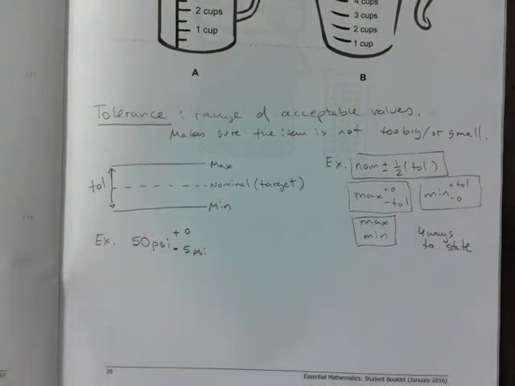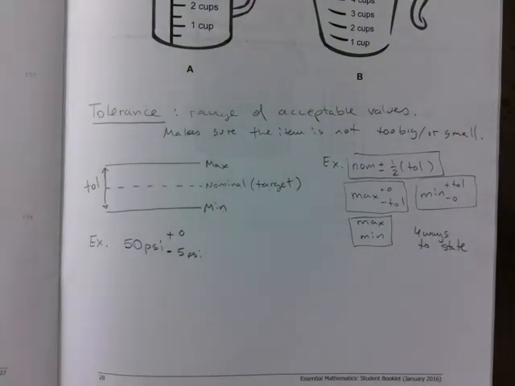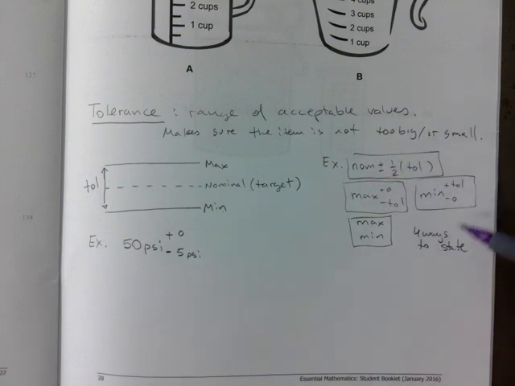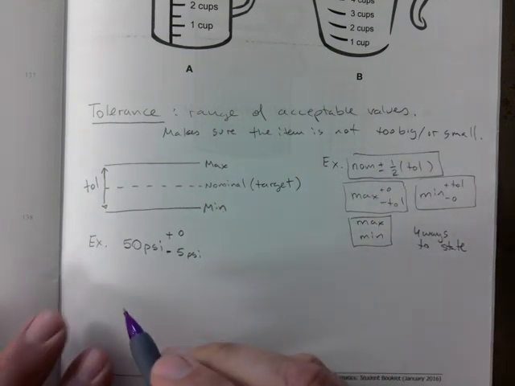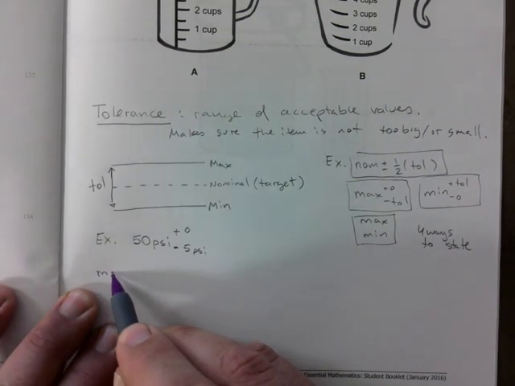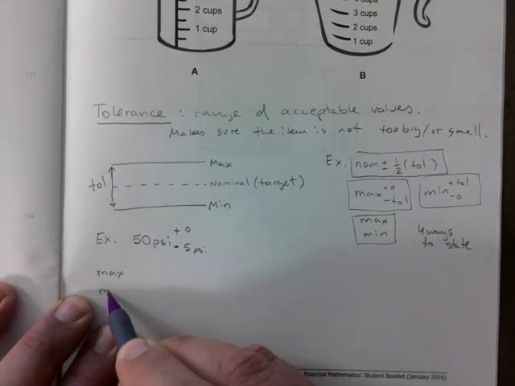If somebody says, hey, the tolerance of the amount of air in my tire is right there, you should look at it and be able to fill in 4 crucial pieces of information. They're actually all found right in here. And this is what you should be able to answer. What is the maximum and what is the minimum?